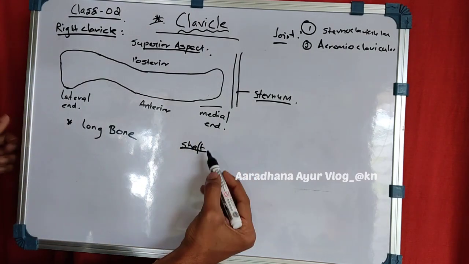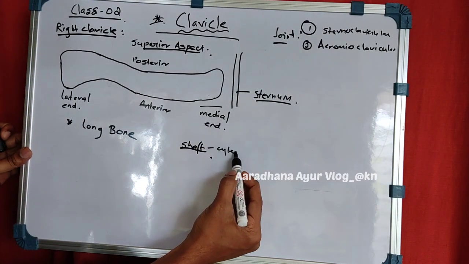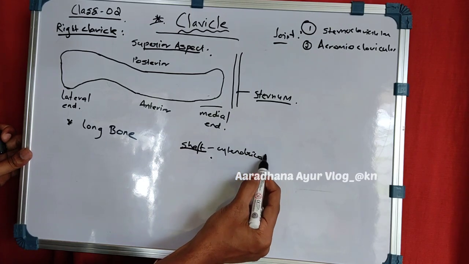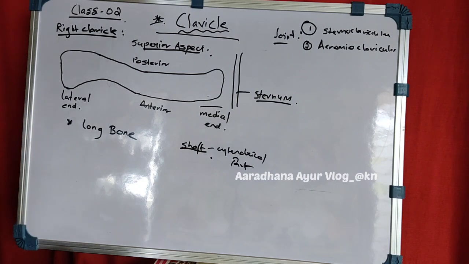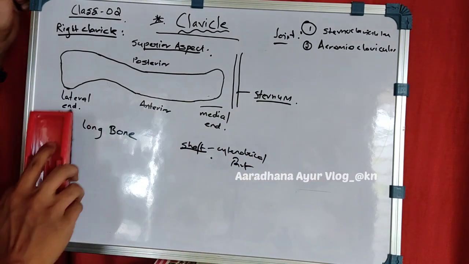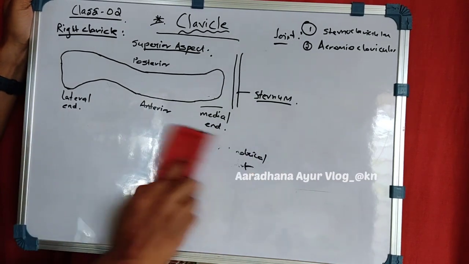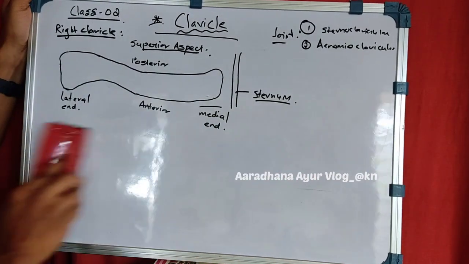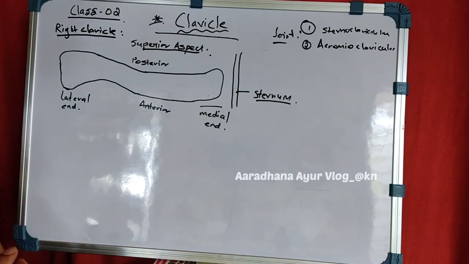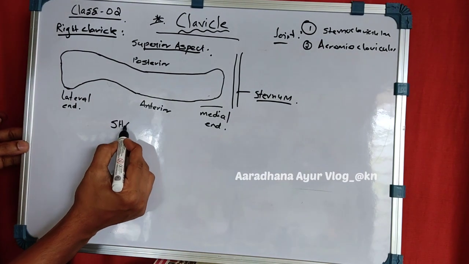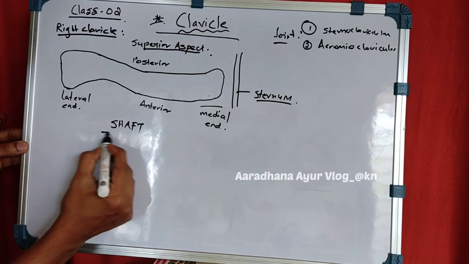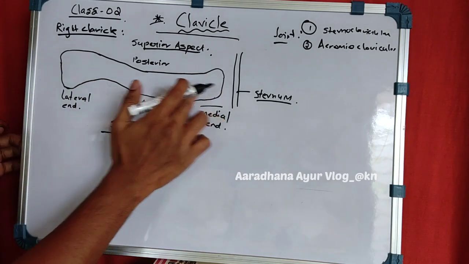The shaft is a cylindrical part. So let's see the shaft first, the middle portion.